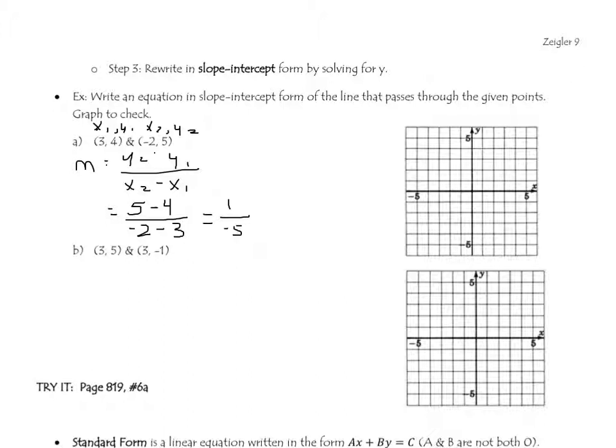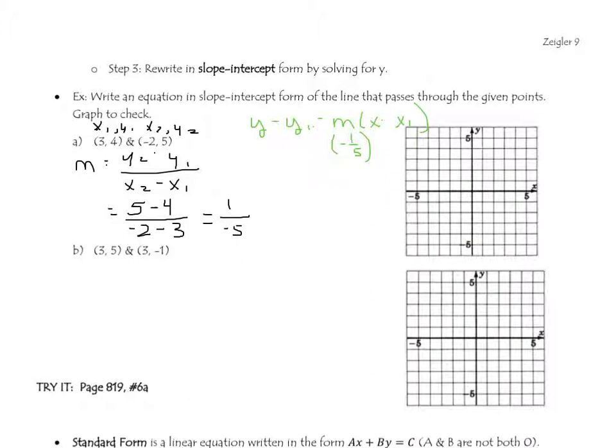Okay, so we are to write an equation using the point-slope formula, and so I'll do that in green. The point-slope formula is y minus y1 equals m times x minus x1. And since we found m is -1/5, and we can use either of these 2 points.